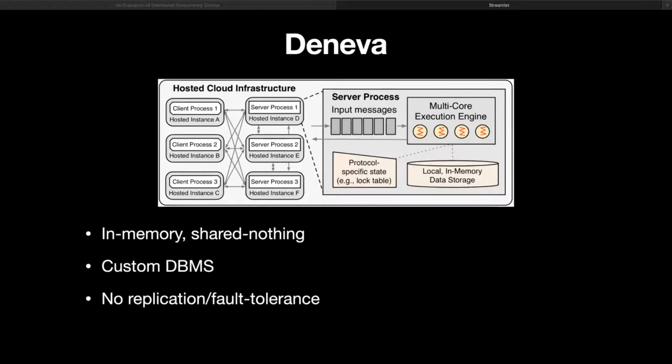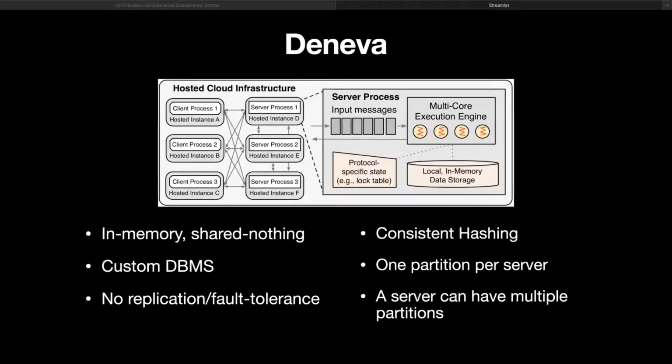They also haven't provided any replication or fault tolerance, which can be looked at as a limitation or as a feature depending on what you are trying to derive from the experiments. Then the servers are allotted requests using consistent hashing, and each server basically has a single partition. There could be multiple partitions per server, however.